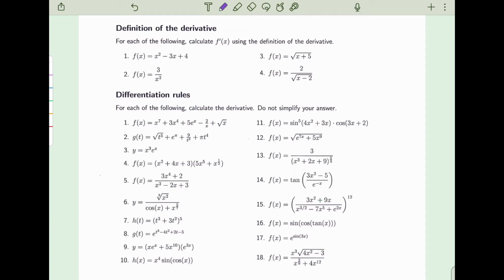The first part is from question 1 to question 6, because that has nothing to do with the chain rule, I believe. Starting from question 7, we need to work on the chain rule. So let's do the first 6 first, and after we will work on the chain rule, which is the most complicated part.